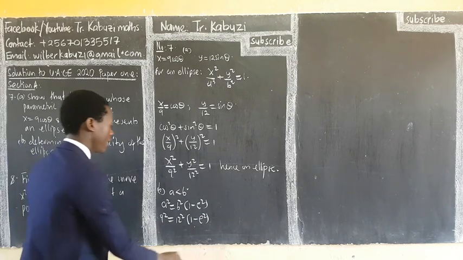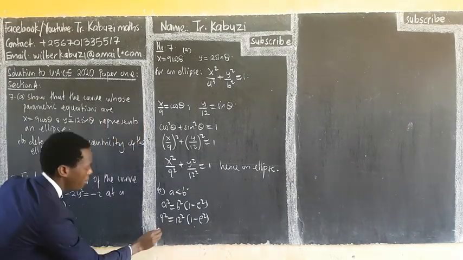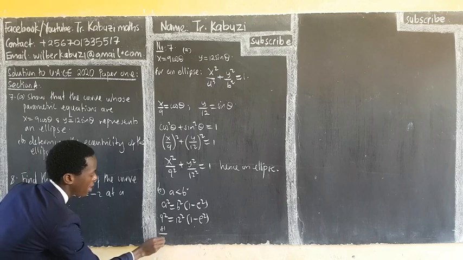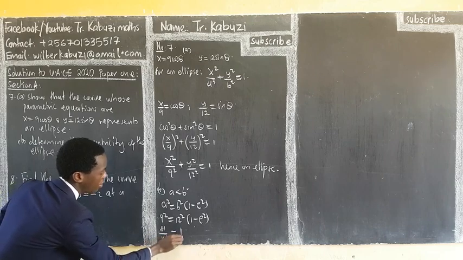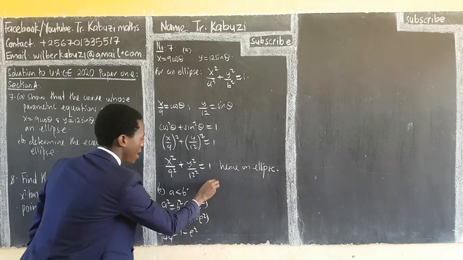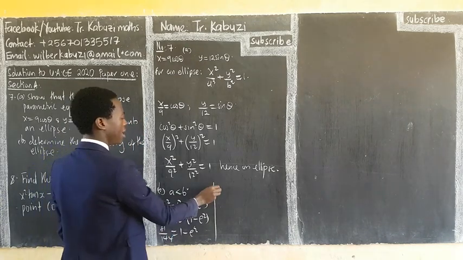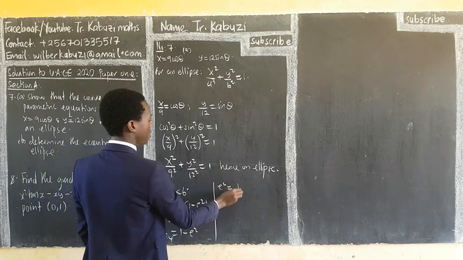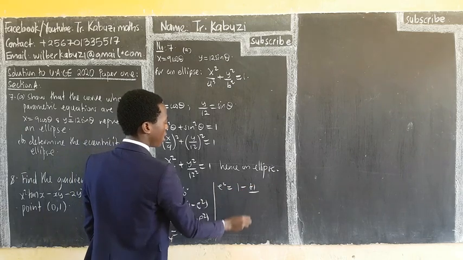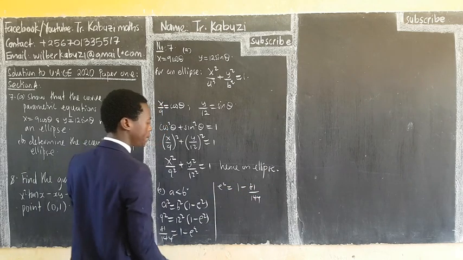So from there, you can easily see this is going to be 81 over 144 equal to 1 minus e squared. When I take this and take this aside, my eccentricity squared becomes 1 minus 81 over 144.